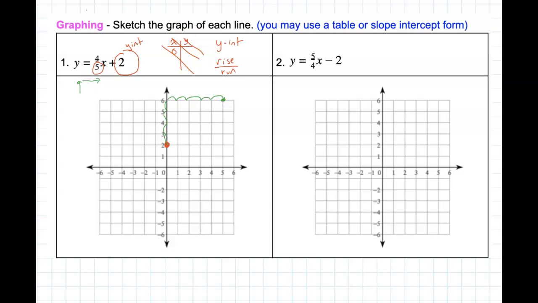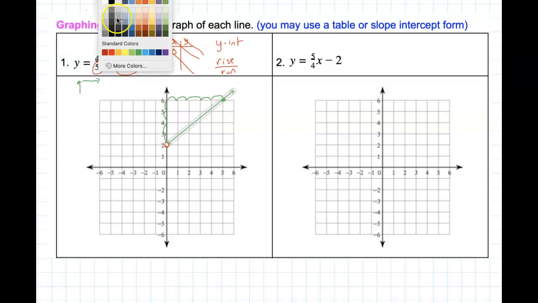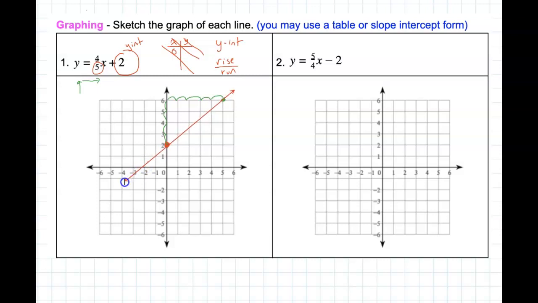Let's see. I'm going to put a line in place. It goes forever. Maybe I'll change that line to red so that it's clear.